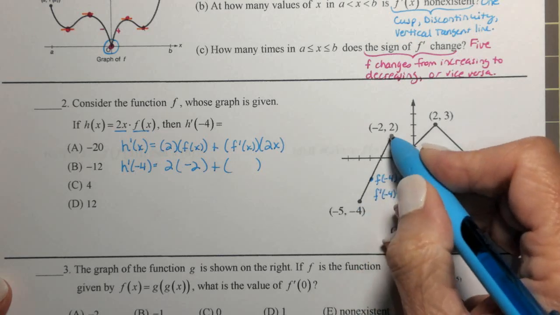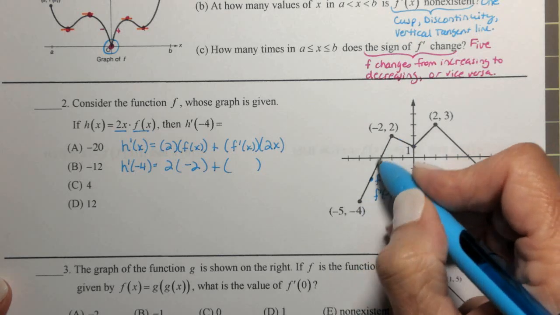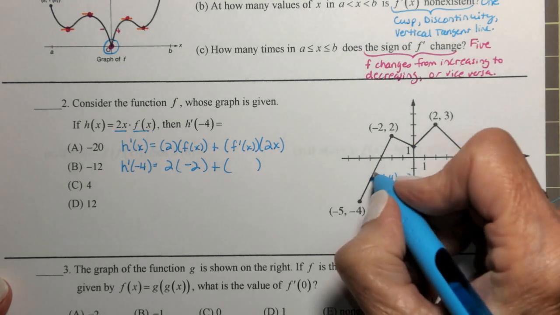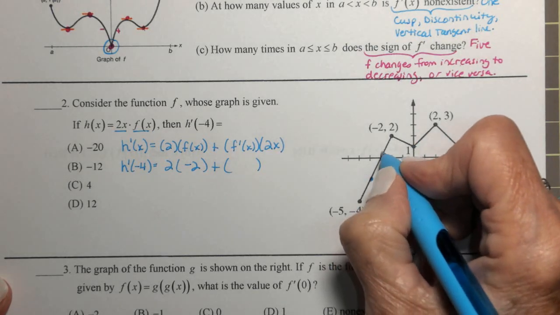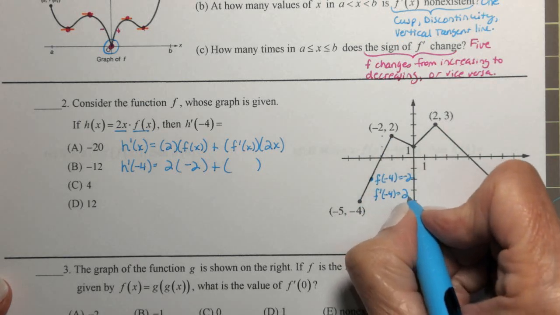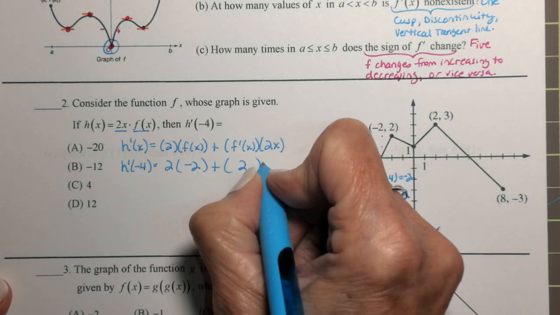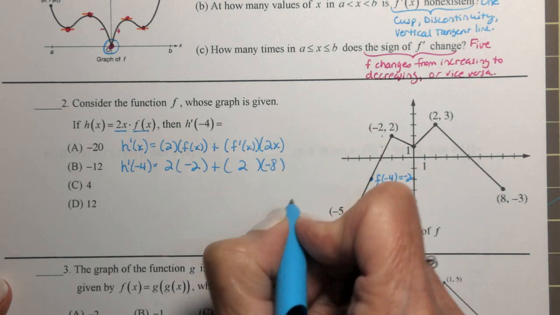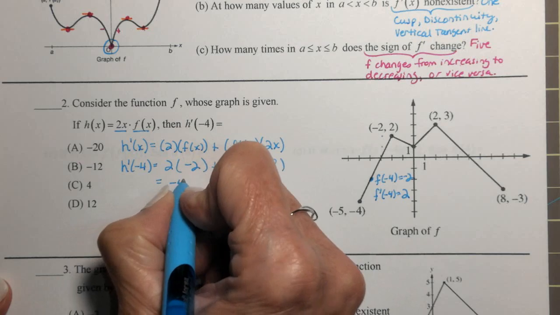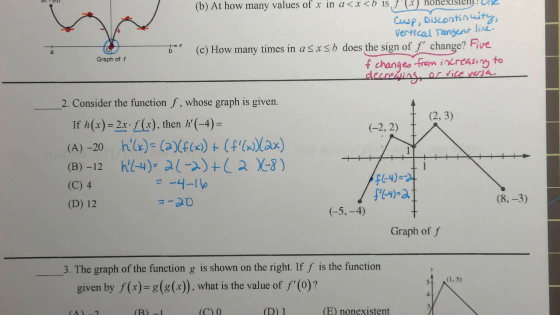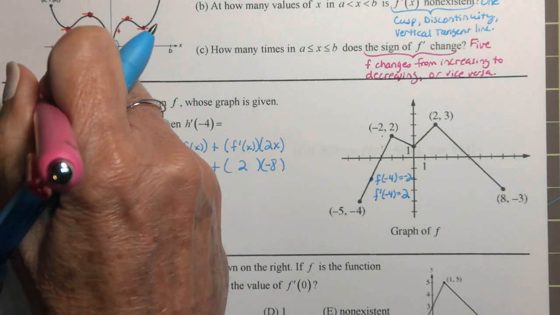Well, since this is linear, the slope of the tangent line is the slope of that line. And the slope of that line, I see that we're going up 2 over 1, so the slope of that line is a positive 2. And then 2 times -4 is -8. So this is -4 minus 16, or -20. Answer choice A.